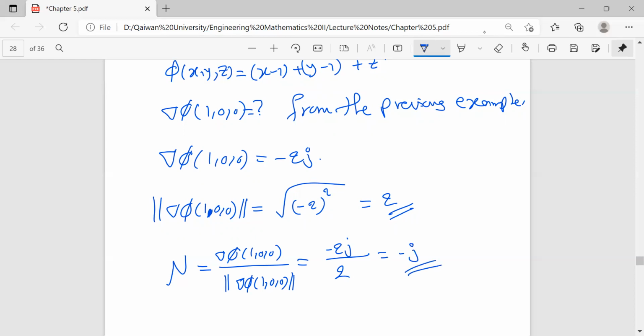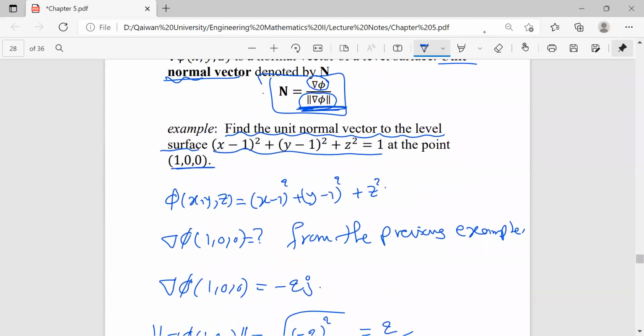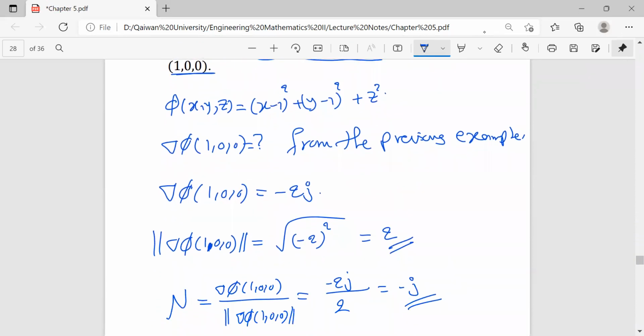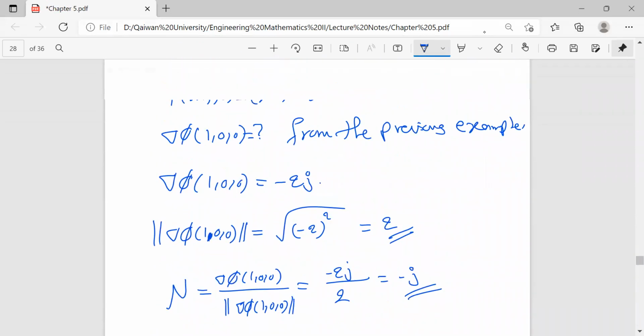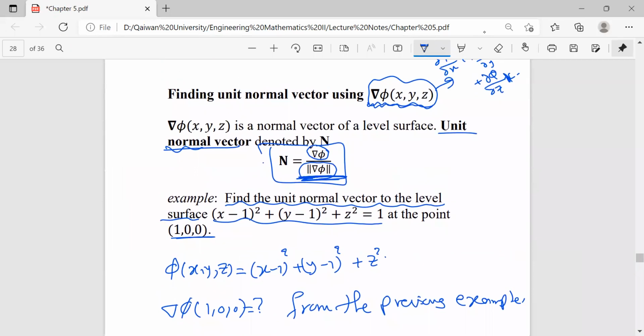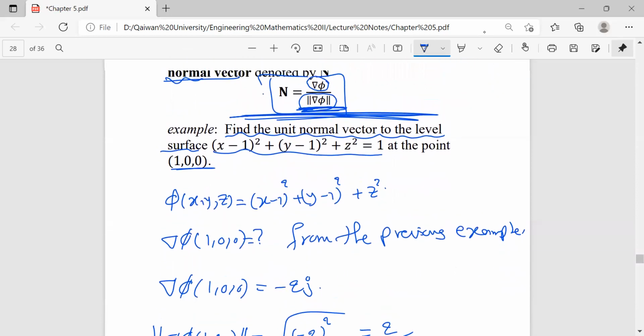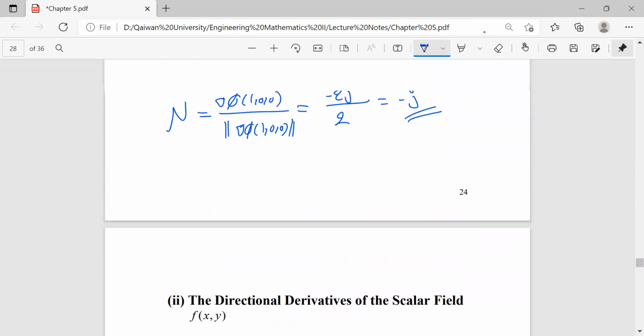This is the unit normal vector that you get from that scalar field. That's easy. Here you just need to know this rule. If you know this rule, then you already know how to find the gradient of a scalar field, and we also studied how to find the magnitude of a vector, and that's all.